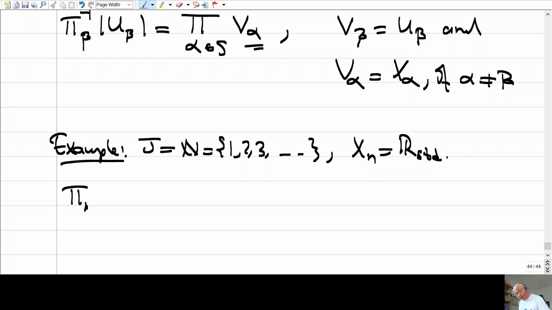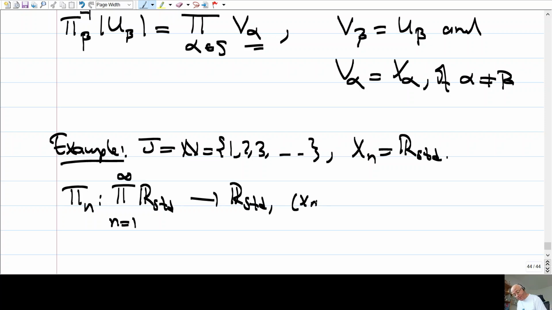Let pi m be the projection from the product from 1 to infinity of R, taking this element, this sequence, elements of which are just sequences because they are functions from the index set into the spaces.